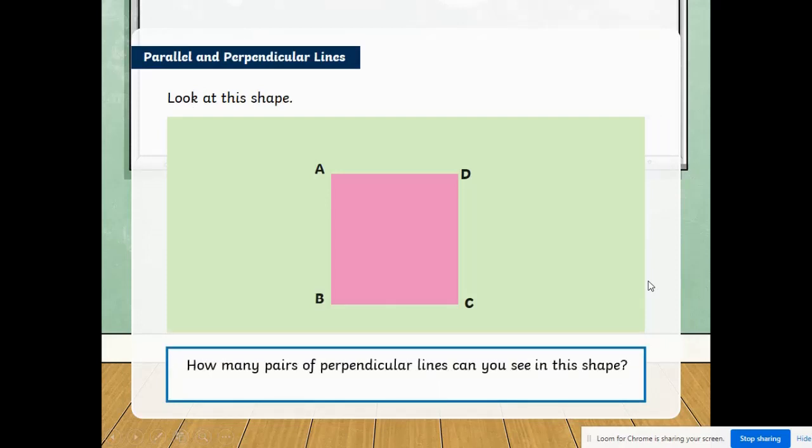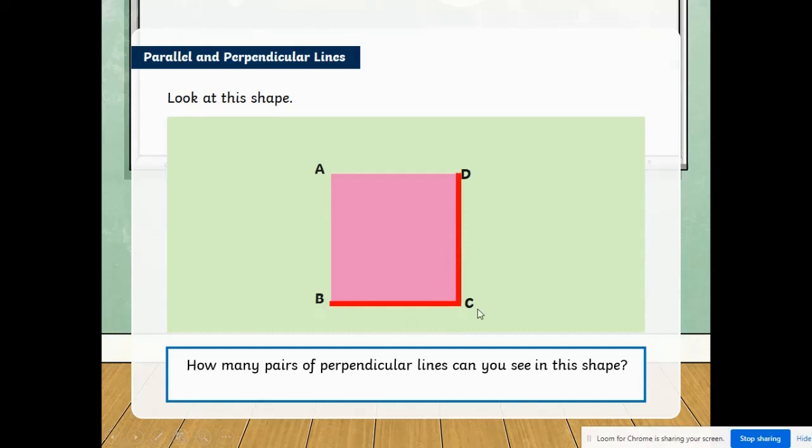Now here we have a square. How many pairs of perpendicular lines can you see in this shape? Can you point it out? Okay. Line AB is perpendicular to line BC. Why? Because they meet at a right angle.